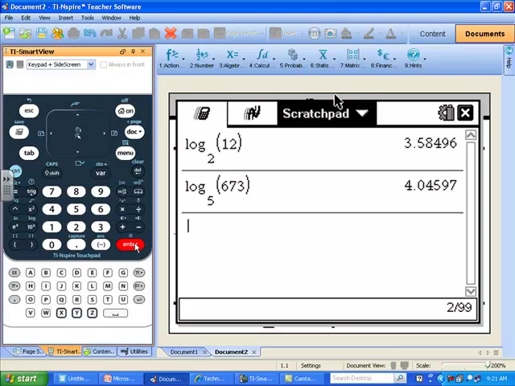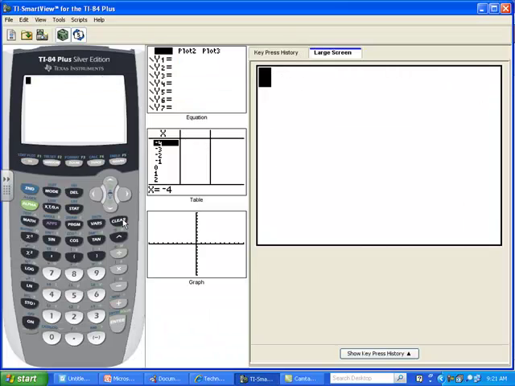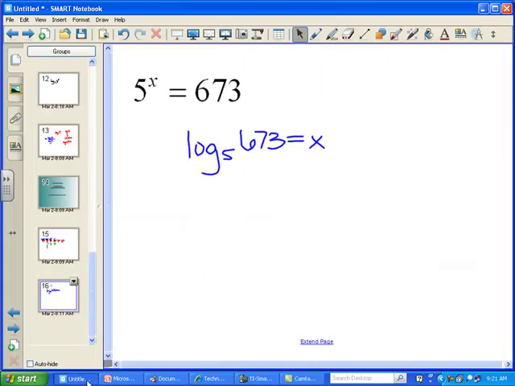Again, that is the exponent I raise 5 to get 673. So now I'll try it in the other calculator, but remember, I've got a problem here because it doesn't have the capability of putting in a base 5. So I'm going to go back and apply the change of base formula.